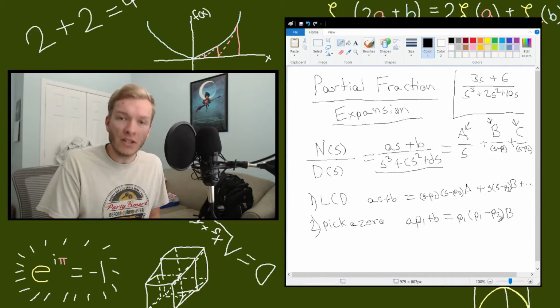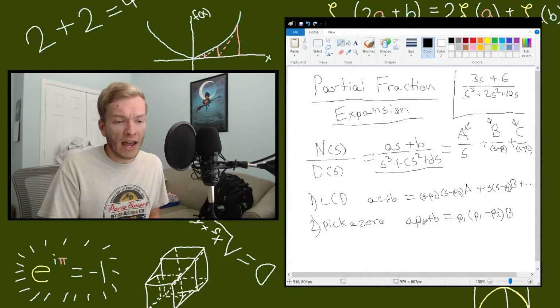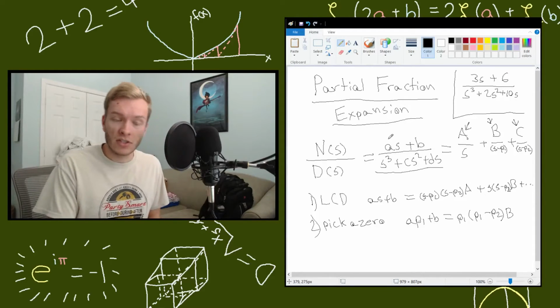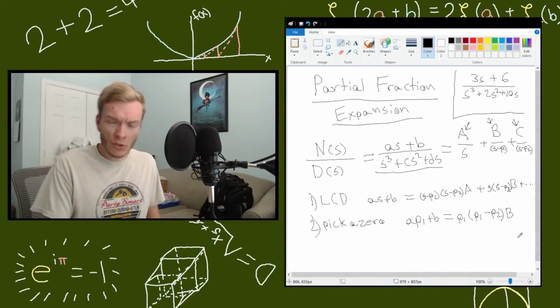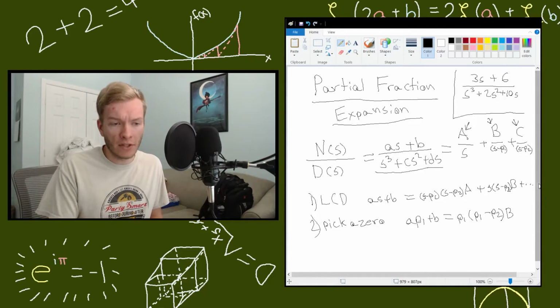We'll know what P2 is because we factored this out, and we know what A and B are. So you can solve for B, and you can do the same for every single variable.